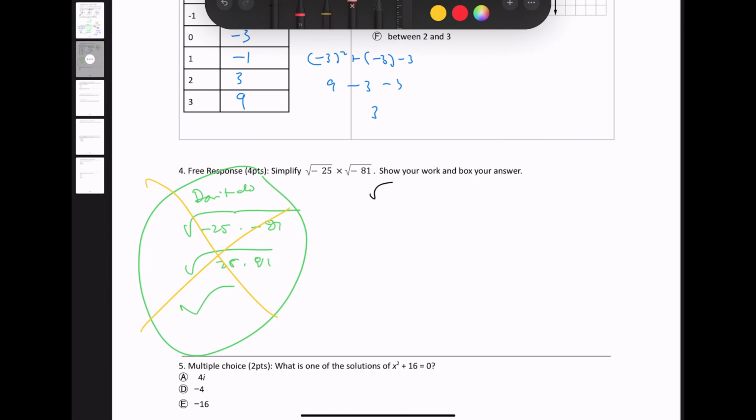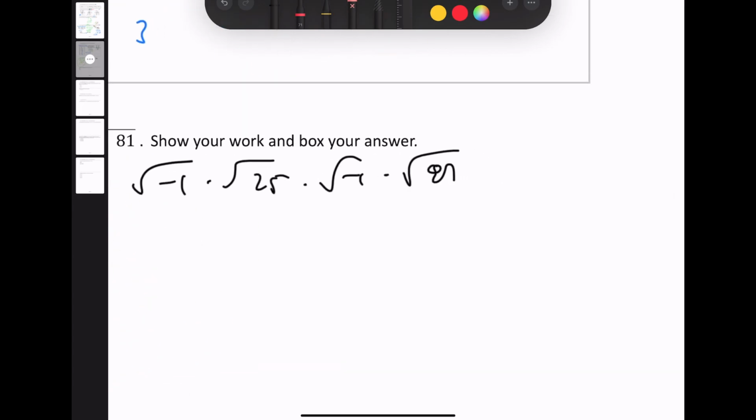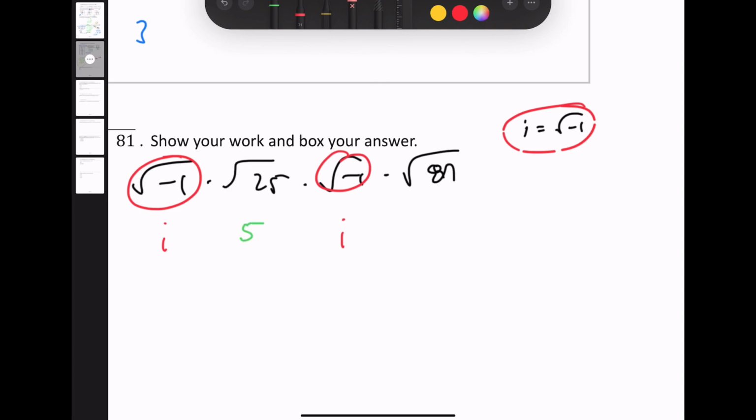You want to evaluate these separately, so square root of -1 times 25 times square root of -1 times 81. A fact you need to know is i is equal to the square root of -1. So that's going to become here and here. Square root of 25 is 5, square root of 81 is 9.